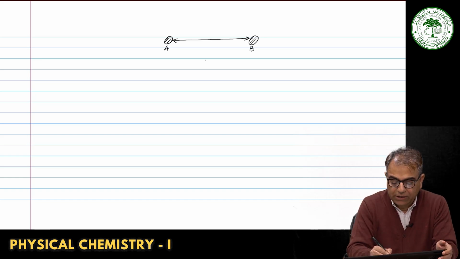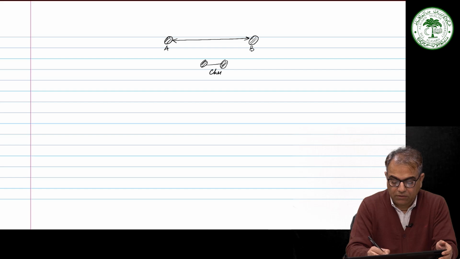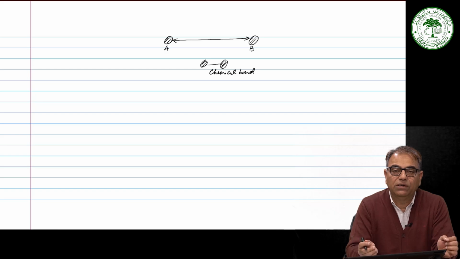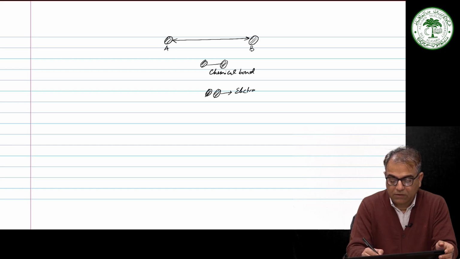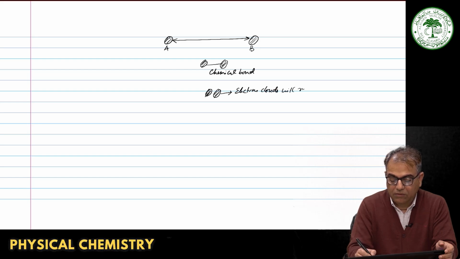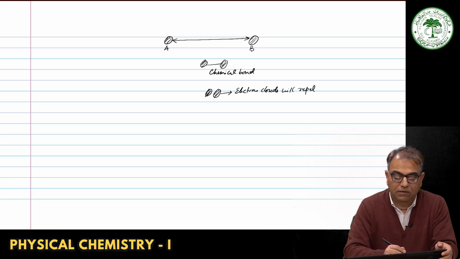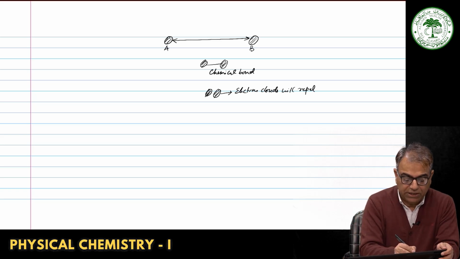When they come close together, they form a chemical bond, and if you bring them even closer, there will be electronic repulsion, as the electron clouds will repel.